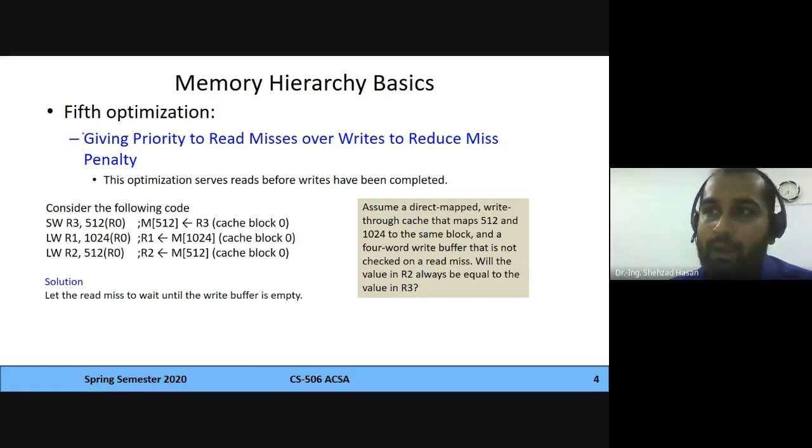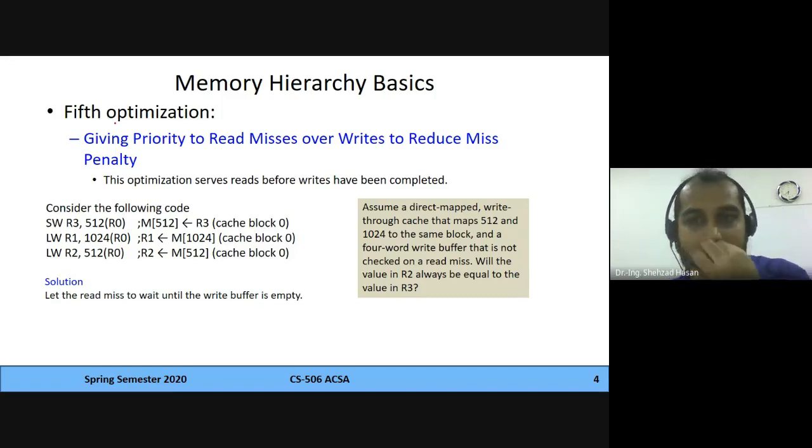So let's come back to our optimization. And why are we doing this optimization? We are trying to save time, and the main objective of the write buffer was to save time. Don't go for the write operations directly to main memory, write them in the buffer. The buffer is going to write them eventually in the main memory whenever it feels that the memory is now less utilized and it can do some operations.